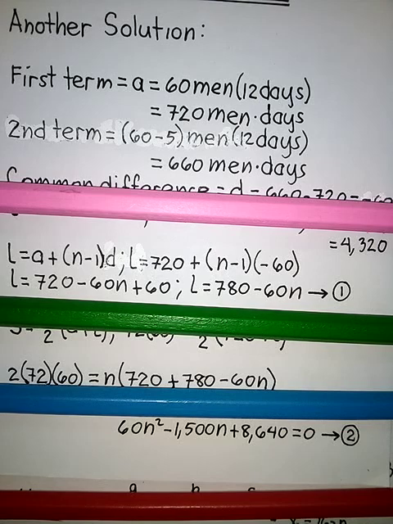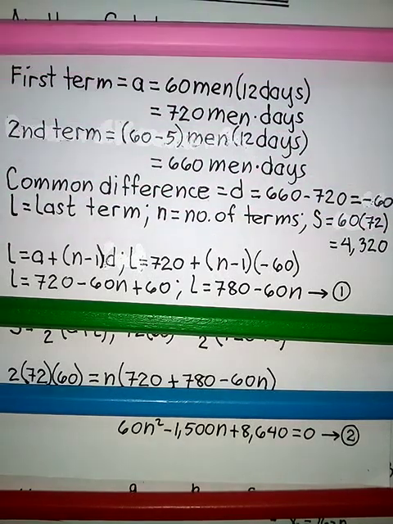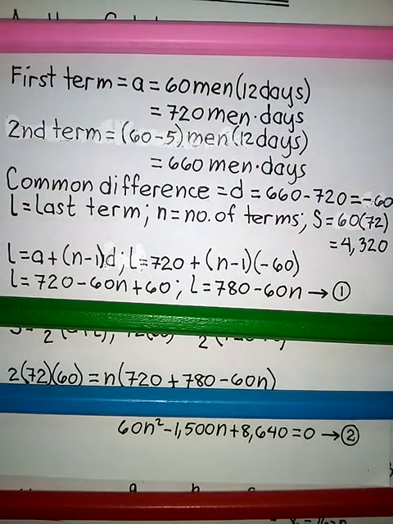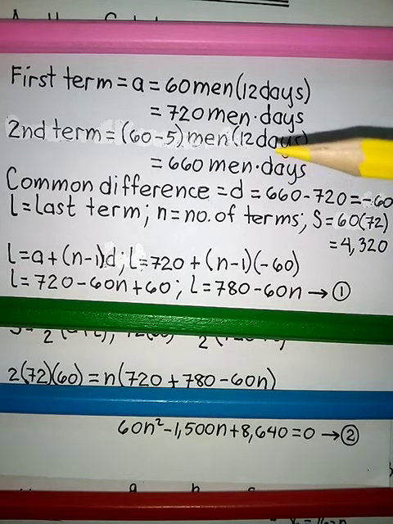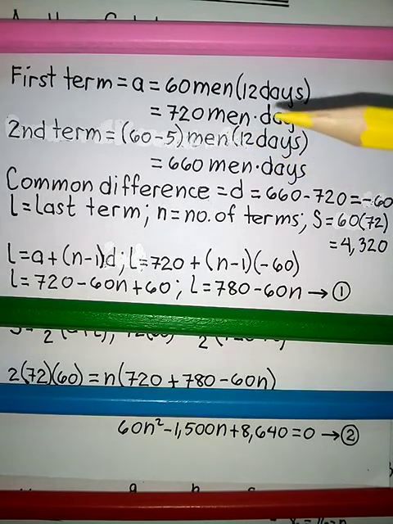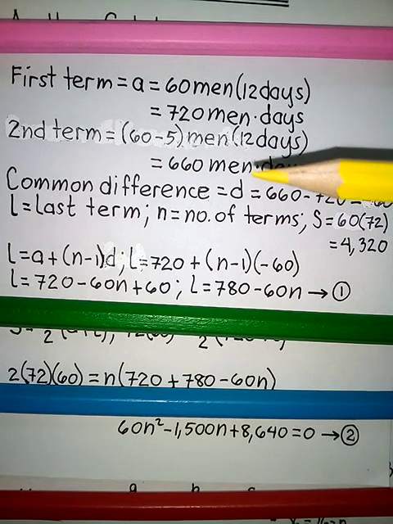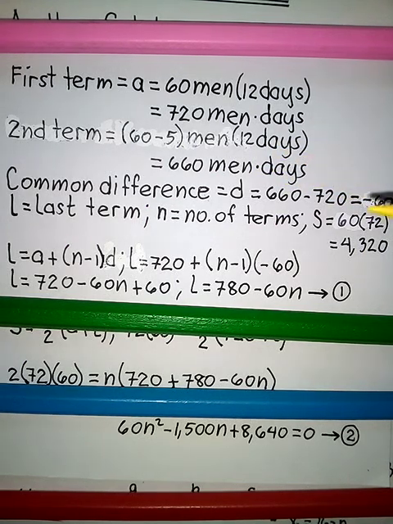The second term is 60 minus 5, because 5 men have been removed, multiplied by 12 days, which is 660 men-days. The common difference is the second term 660 minus the first term 720, which is equal to negative 60.